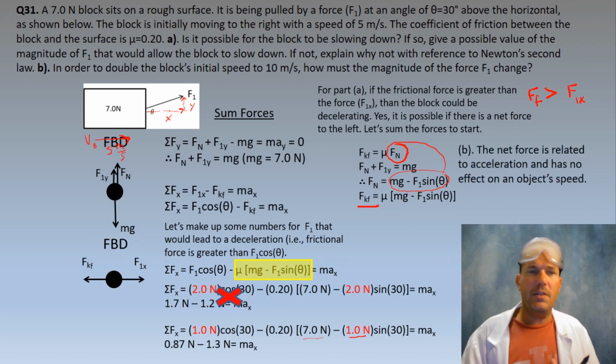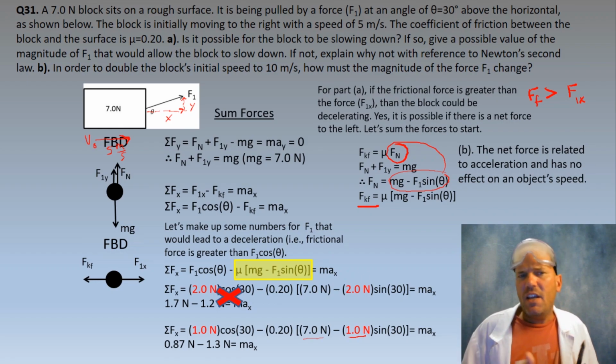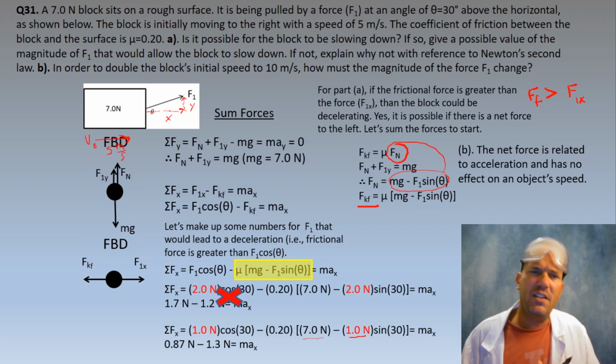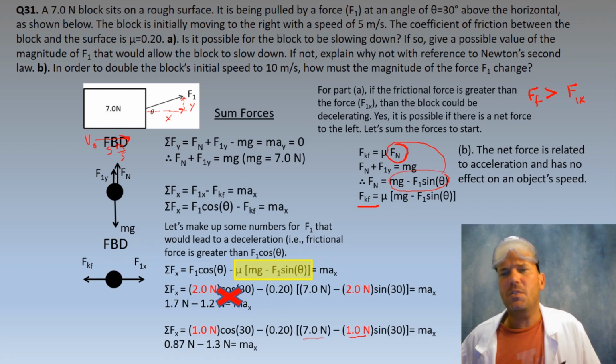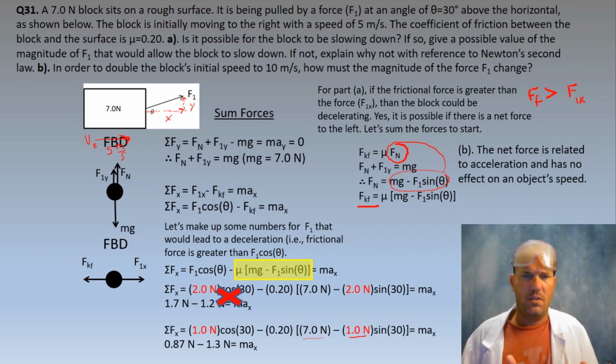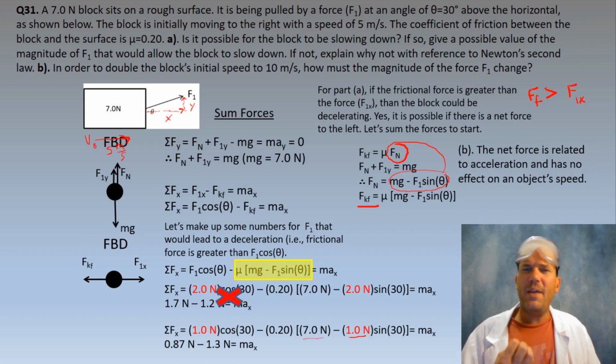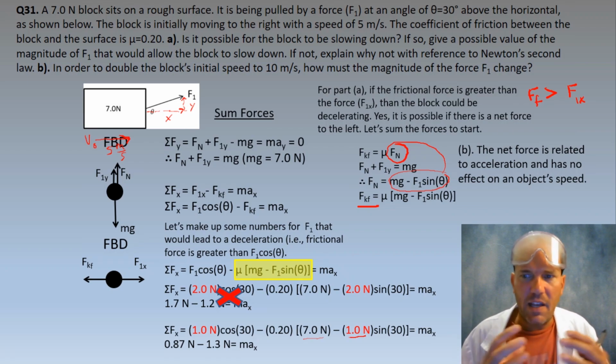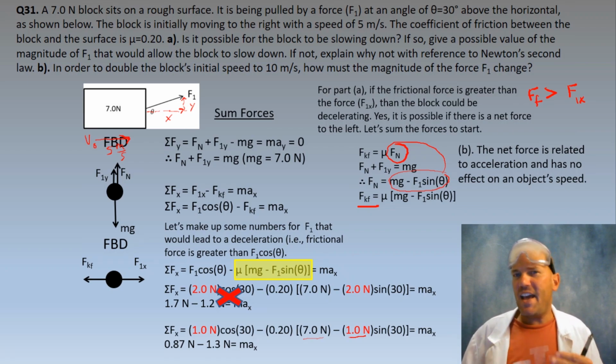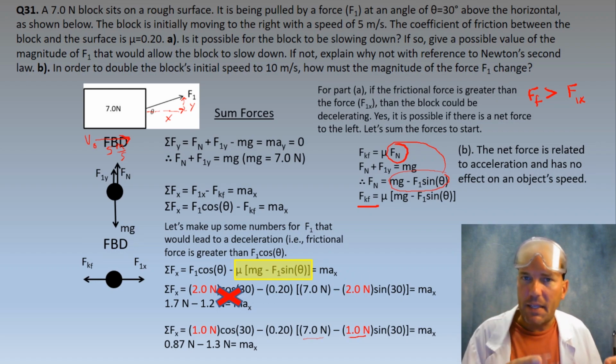And the last piece here, we're asked in B, in order to double the block's initial velocity, V naught, from 5 to 10, how must the magnitude of force 1 change? I hope that question feels a little off to you, because the net force is related to the change in velocity or the acceleration, and not the object's speed.